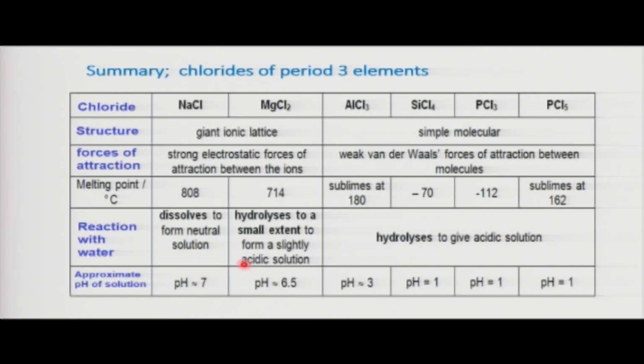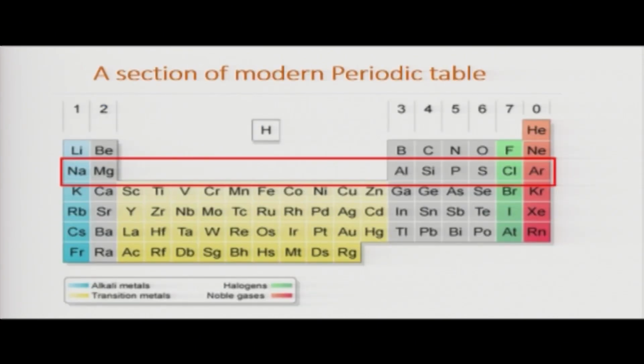The pH here is slightly acidic due to the polarizing power of the magnesium cation on the chloride, bringing in that covalent nature, meaning it is slightly hydrolyzed. Then these are completely hydrolyzed, forming solutions of different pH, you see. So that is it with the trends in the periodic table. If I can also make a quick summary in here.